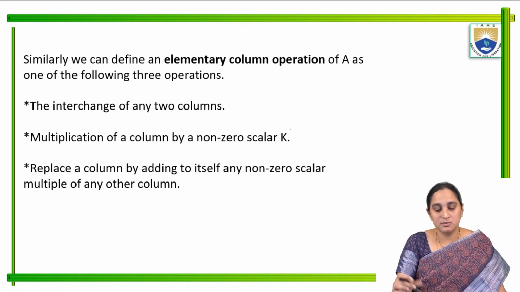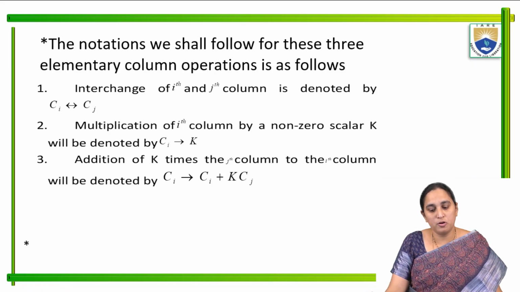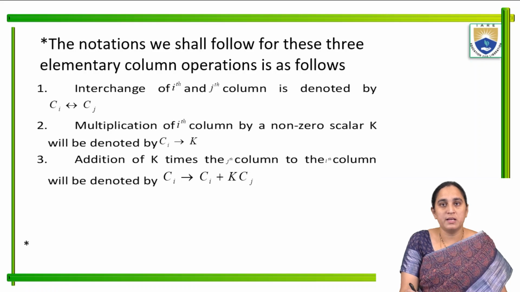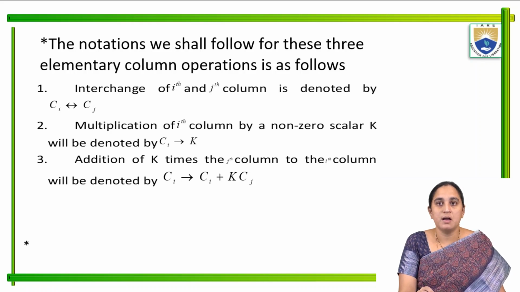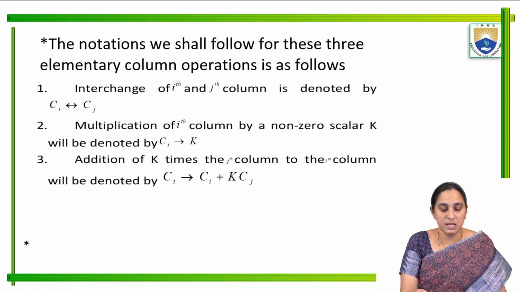Now we will discuss these three notations in the next slide. The notations we shall follow for these three elementary column operations are as follows. First, interchange of the ith and jth column is denoted by Ci interchanges to Cj, or Cj interchanges to Ci.